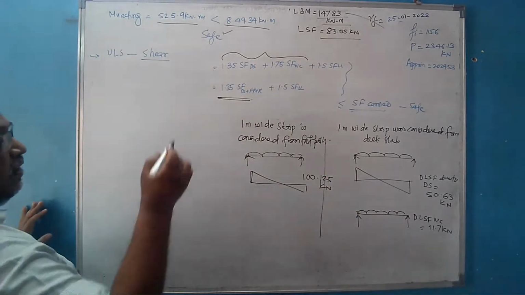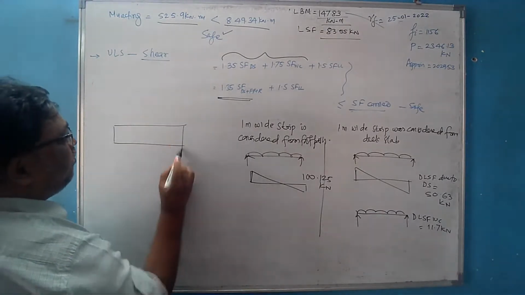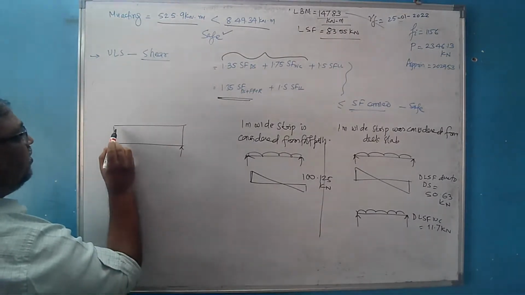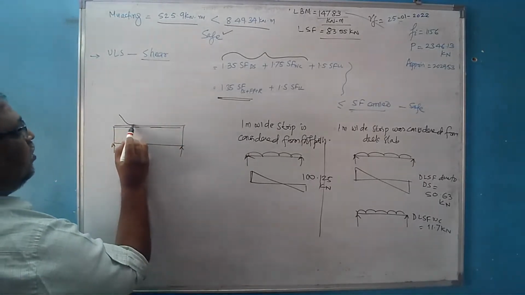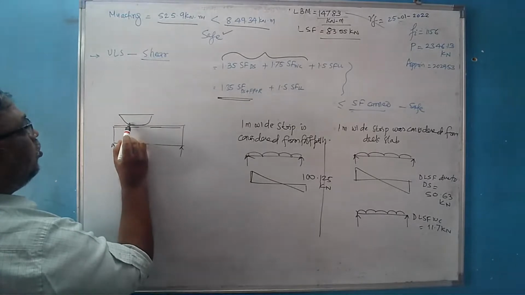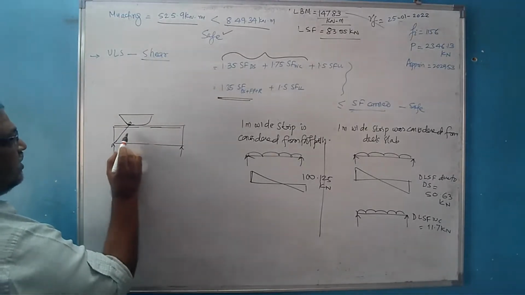अभी देखिए, अच्छा, and what about how much it was because of the live load? लाइव लोड के लिए हमने क्या किया था? If you remember, if say this is the deck slab, a bridge. Now the vehicle was considered close to the support, such that the dispersion ends at the center of the support.